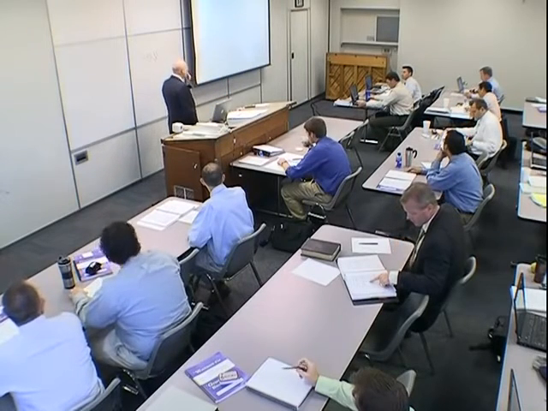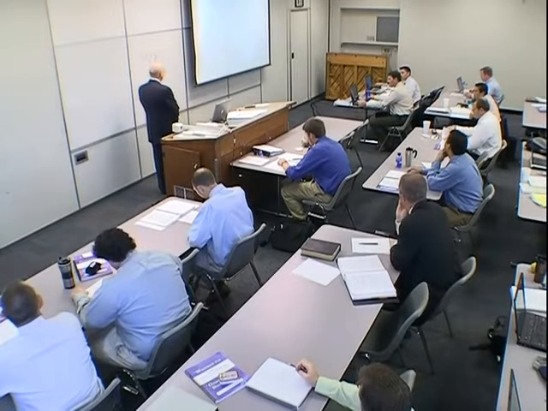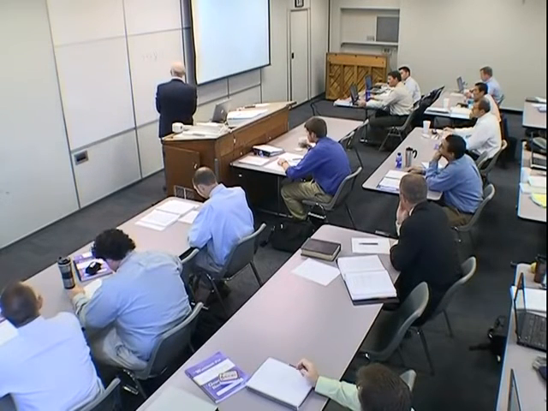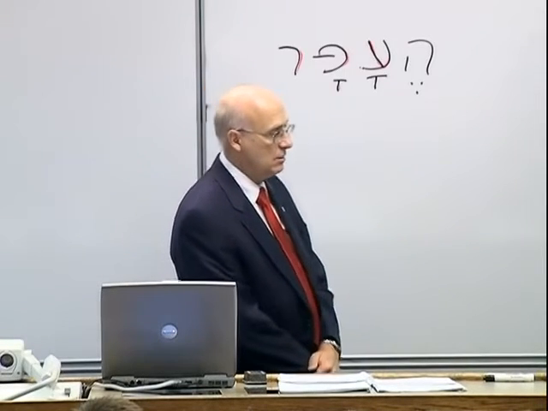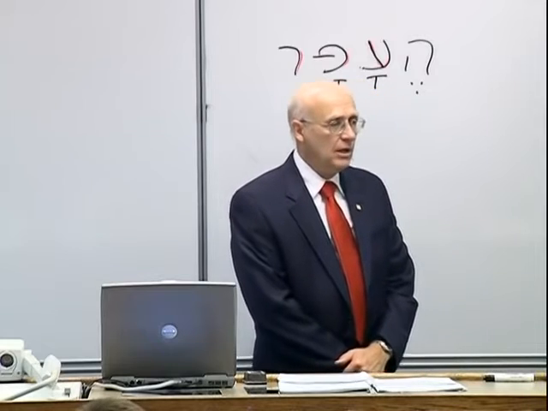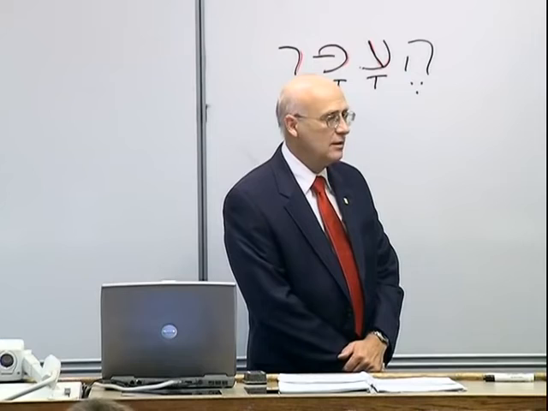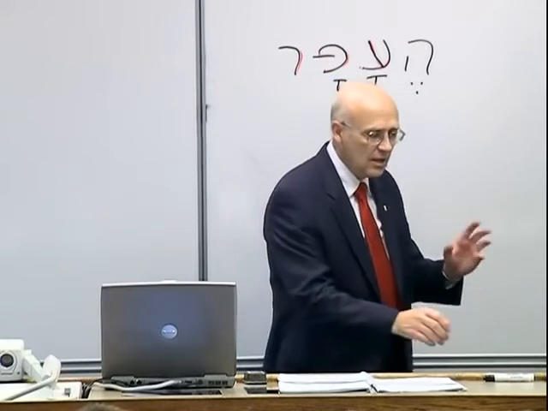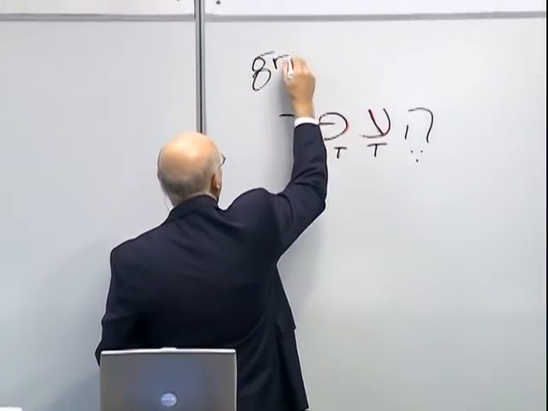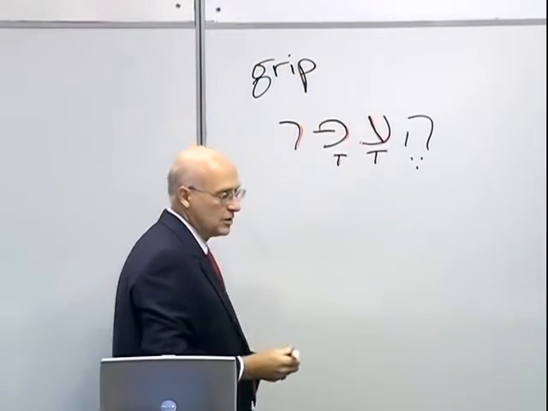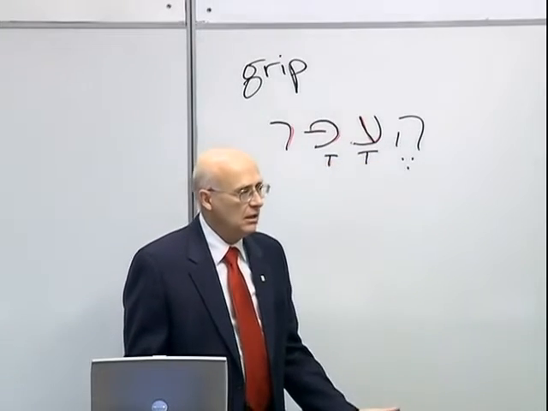James? Now, would we know by the vocab whether that's the article or the interrogative? You'd know by context. The big 500-pound gorilla in Hebrew is going to be context. Context, context, context. It's kind of like this. If we take the word grip, and you're just learning this English word isolated from anything else, what does it mean?